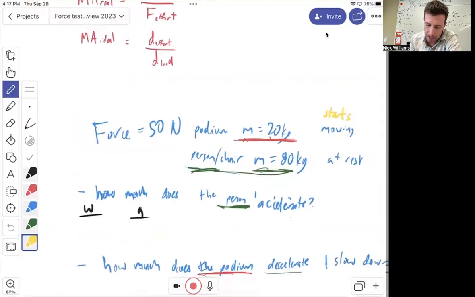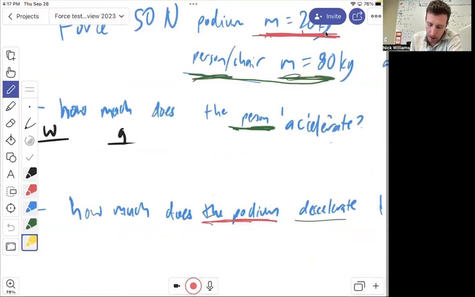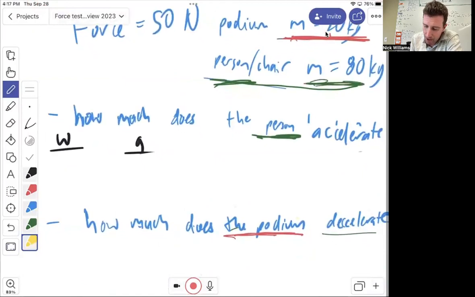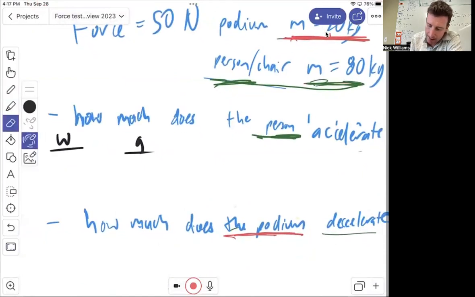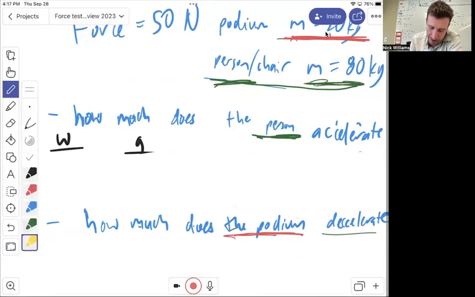All right, let's start there. Because I'm looking at the person, I will focus on the person specifically. It's asking how much the person accelerates. And so my want is going to be acceleration. Things that are given to me: about the collision, I know that there's a force of 50 newtons.